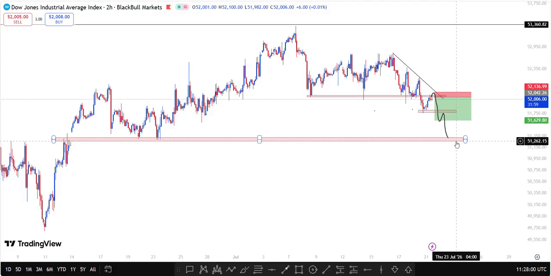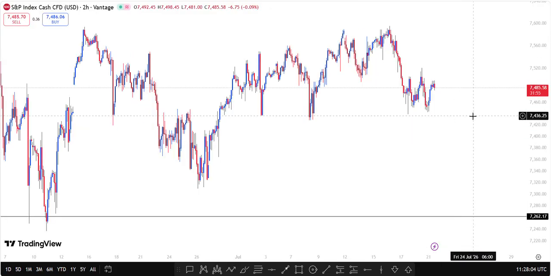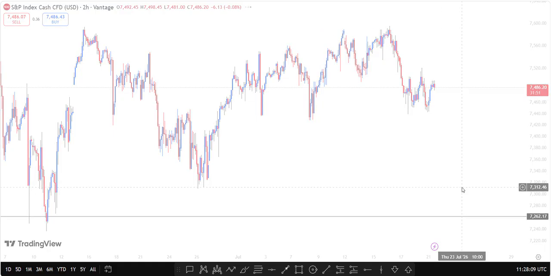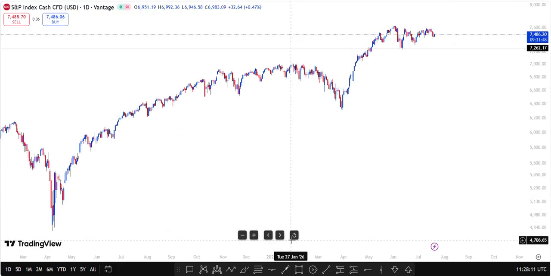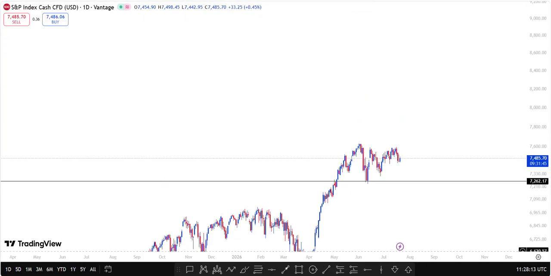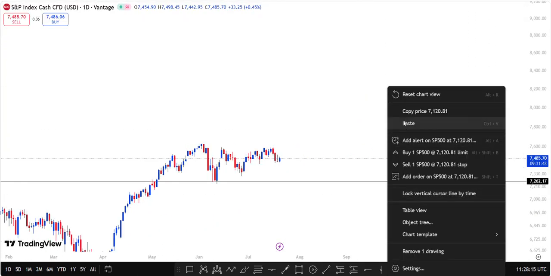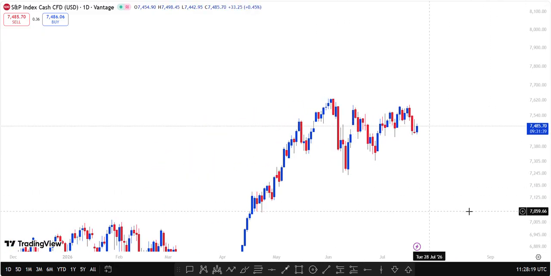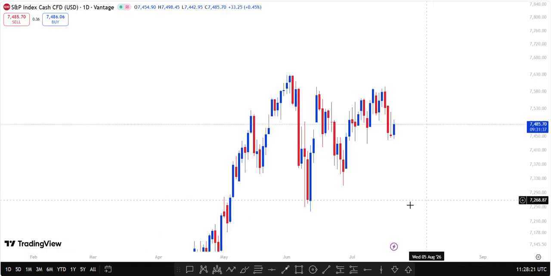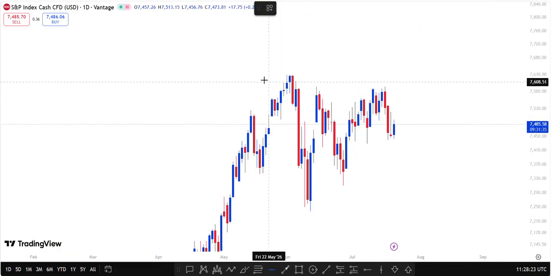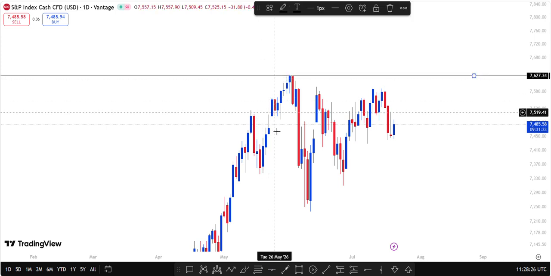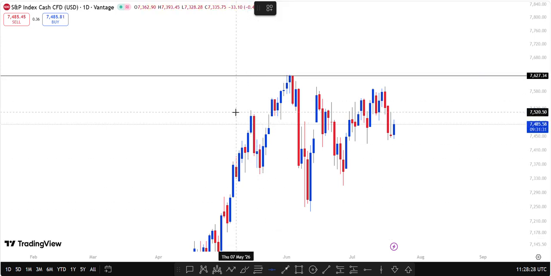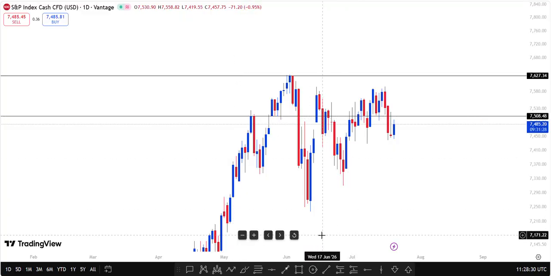So yeah, let's dive now into the S&P 500, guys. On the S&P 500, let's go to the daily time frame and let's mark out areas where the market is very relevant for us. This is an area where the market touched, the market reversed and went the other direction.